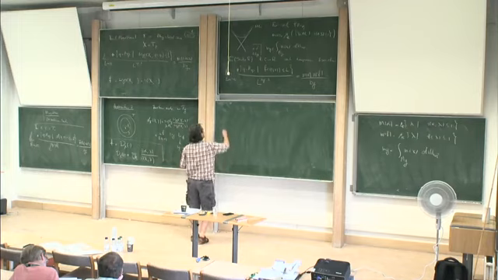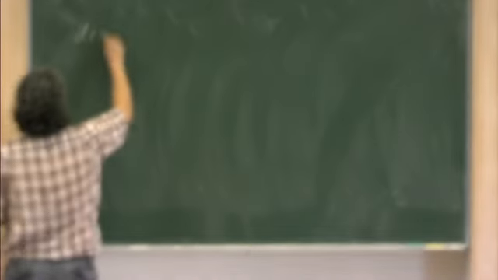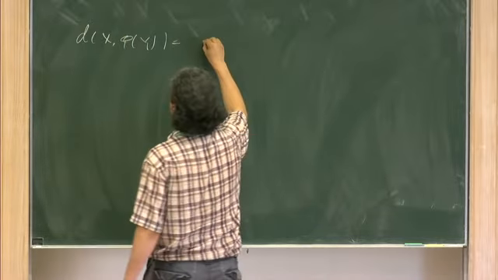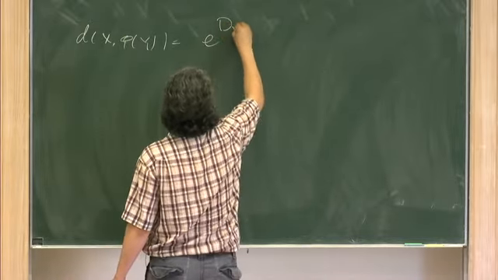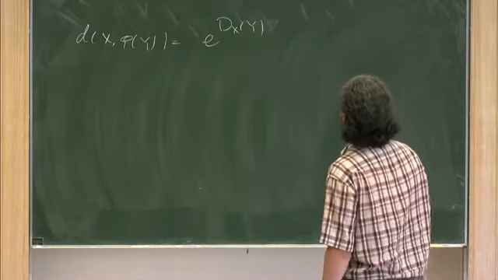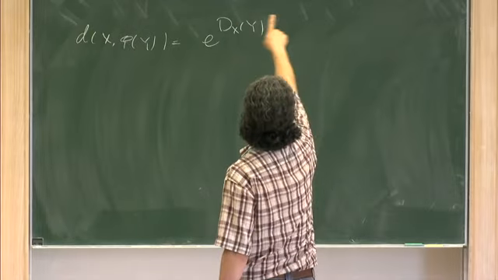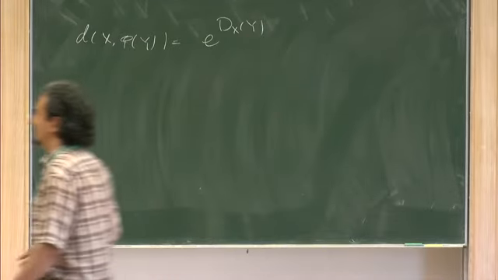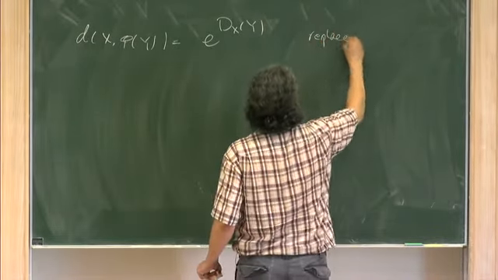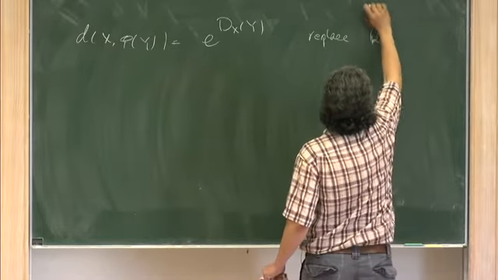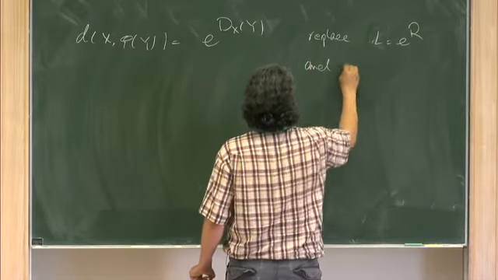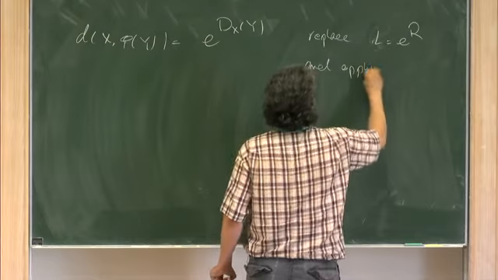So given that, I'm saying the distance between x and phi of y is e to the power of d x of y, right? So if I plug things into here, I have to just replace r, well, L to be e to the r, and apply the theorem.